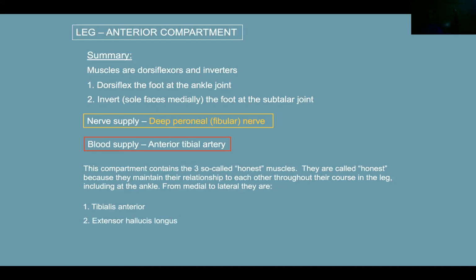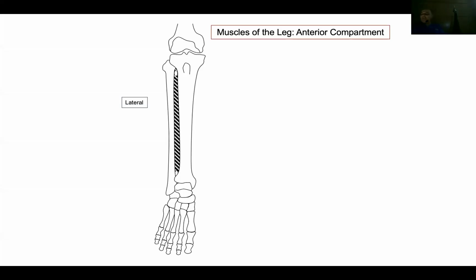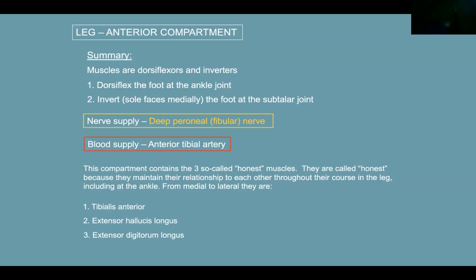So now these are the muscles. These are the names of the muscles which live in my anterior compartment. Let's look at them: the tibialis anterior, extensor hallucis longus, and extensor digitorum longus. This word hallucis replaces pollicis. In the upper limb, we talk about pollicis for the thumb, my first digit.